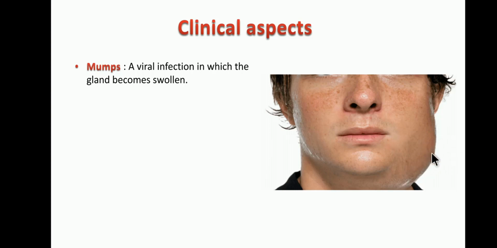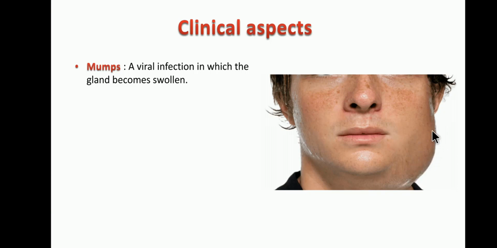This swelling is very painful because the false capsule over the gland, the parotidomasseteric fascia, is a very tough layer and does not yield to the swelling. Since the strong fascia is stretched, there is tremendous pain over the parotid gland.